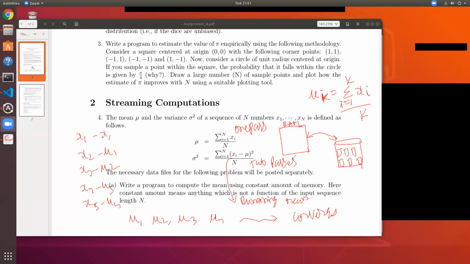The point is, if this data is a good distribution, if it is properly sampled from the distribution, then in the limit as k tends to infinity, mu k tends to mu, the actual mu. Are you all with me here? I'm saying you don't know the mu, so you use the current estimate of mu.